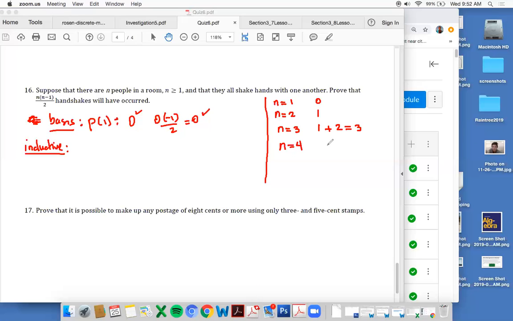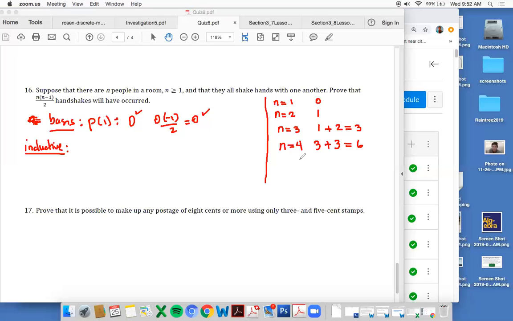Now if there are 4 people, as the 4th person comes in the room, 3 handshakes have already occurred. And the 4th person is going to shake the hands of the 3 people that are already in the room, so that makes it 6.